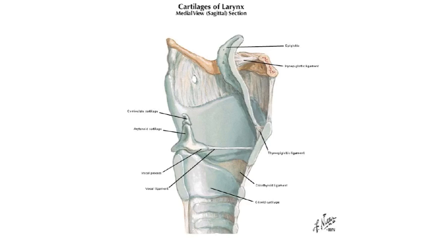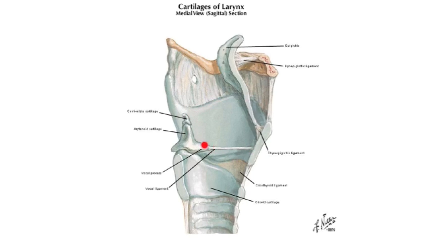This is the median sagittal view of the larynx, showing the relationship of the various structures. This is the epiglottis, and this is the thyroid cartilage, which has been cut off in the middle. This is the arytenoid cartilage, and the corniculate cartilage, and the cuneiform cartilage will be somewhere here.